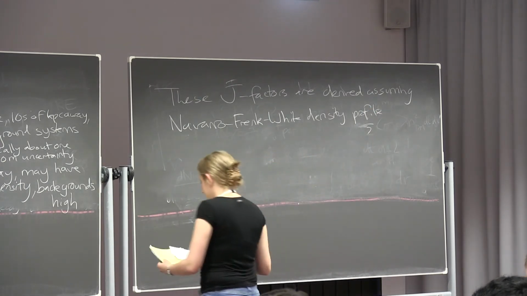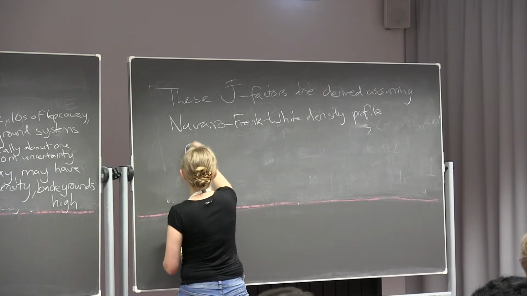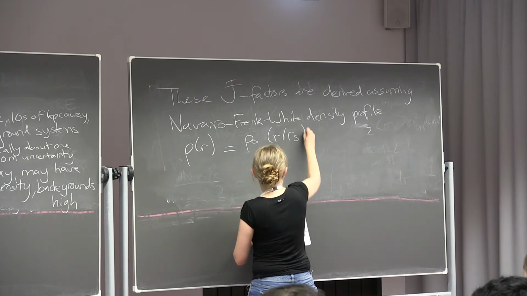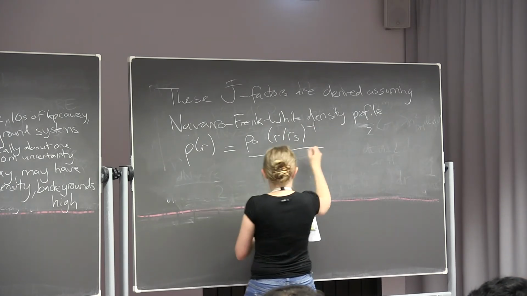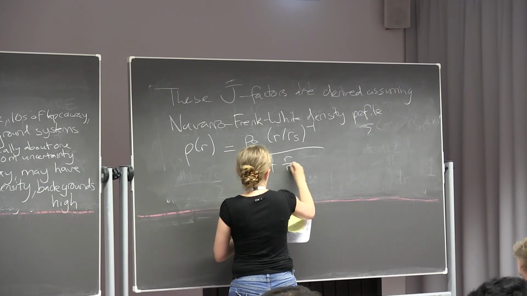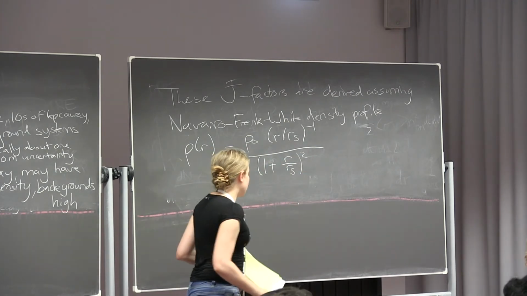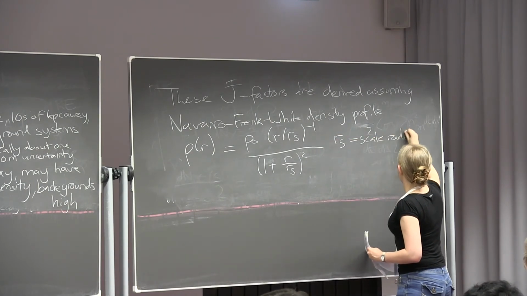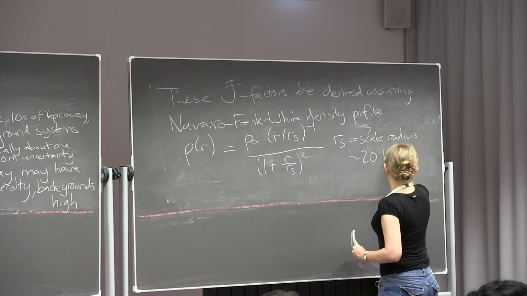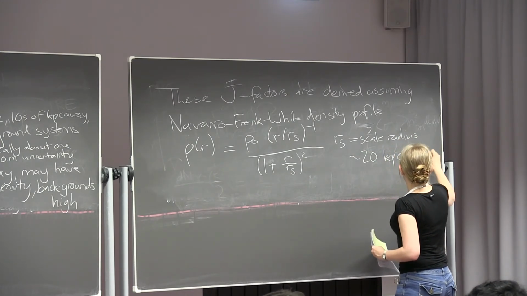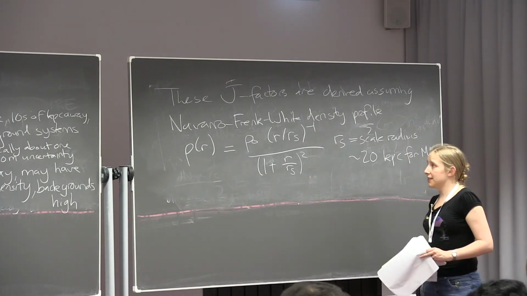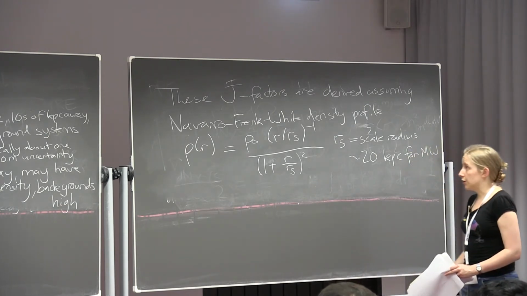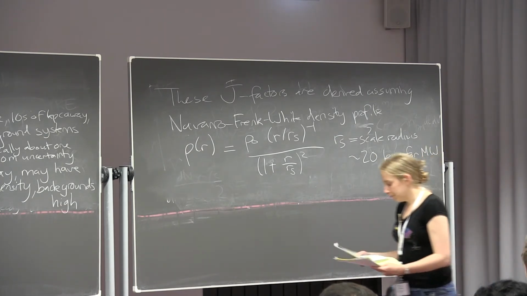The Navarro-Frenk-White density profile says that the dark matter density scales like this. R_s here is some scale radius, which for the Milky Way is about 20 kiloparsecs. So this profile says that the dark matter density scales roughly like 1 over r at small distances and like 1 over r cubed at large distances beyond the scale radius.